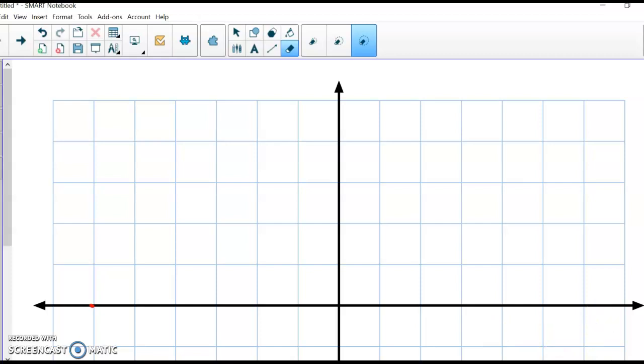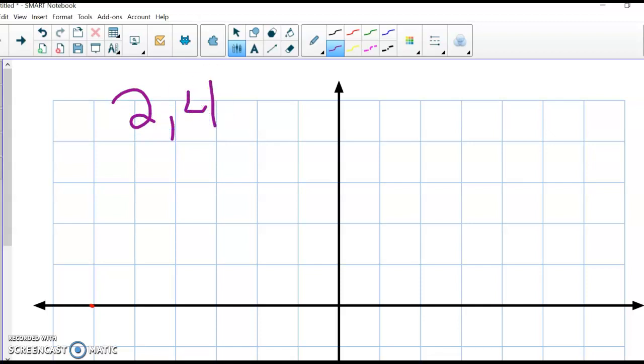Okay. The other thing it might ask you to do is it may give you some coordinates and say, Liz plotted, she was drawing a rectangle and she drew points at 2, 4. So that'd be 1, 2, 1, 2, 3, 4. There's a point. And then she drew points at 4, 4. So 1, 2, 3, 4.